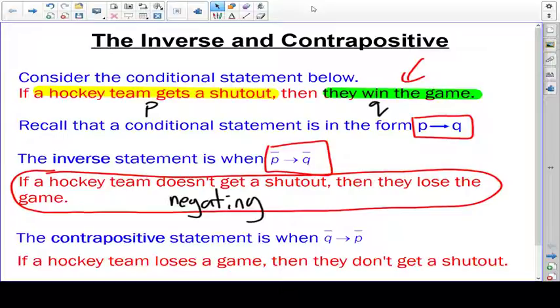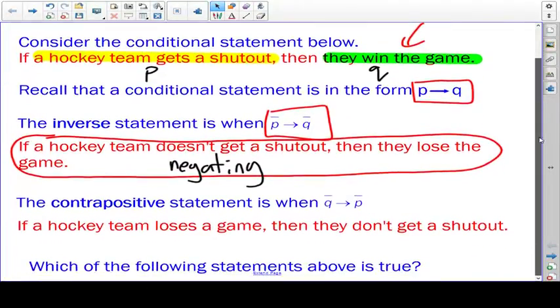So the contrapositive, which is another statement, is when not Q implies not P. It's very similar to the inverse, except we switch the order around. So if not Q is they lose the game, then that's how we would start the contrapositive.